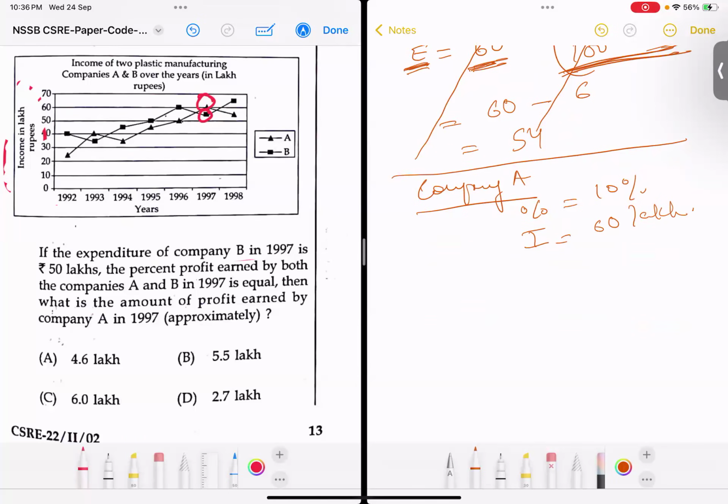Now, the profit earned is nothing but 10% of the expenditure, which is 10 by 100 into 55. So this will be equal to 5.5 lakh. The correct option is 5.5 lakh, okay?